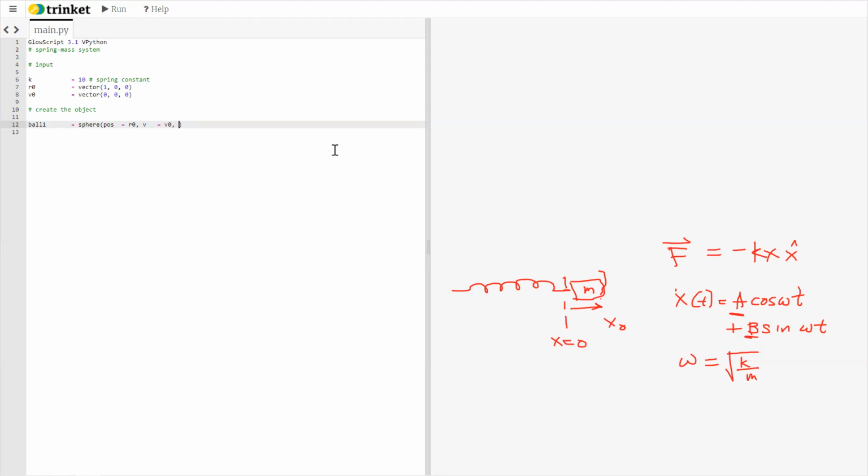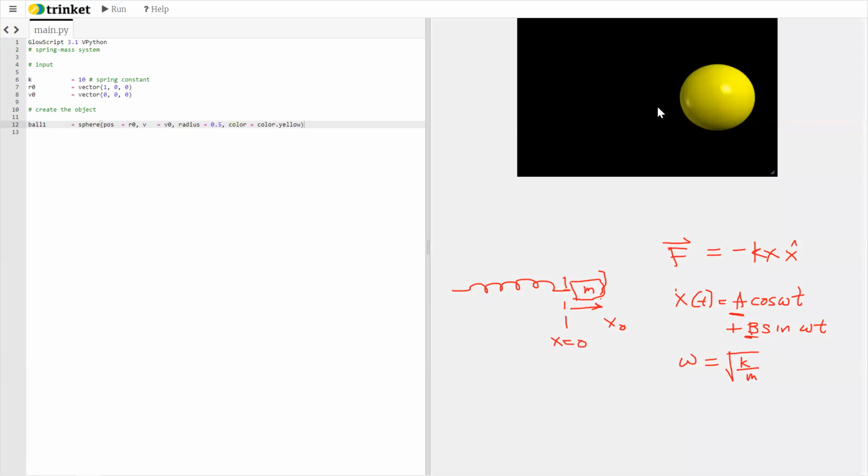We also include the dimension attribute, say radius is equal to 0.5, color yellow. Just to check if we have indeed created a sphere. Now we create the spring.